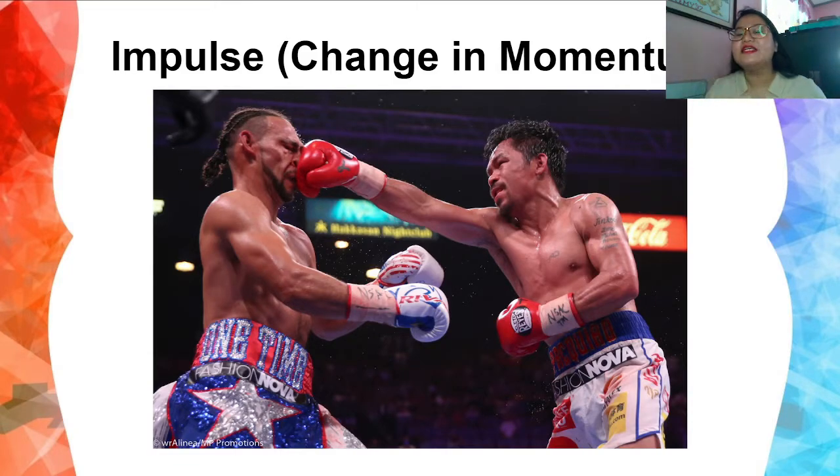Bakit kailangan mabilis? Para pag tumama sa mukha or sa katawan ng kalaban, ang impact force ay malaki, kasi yung impact time nila ay maikli lang. Dahil mabilis yung movement, yung impact force na marereceive ng kalaban nila ay malaki. Kaya mas masakit yung mga suntok.